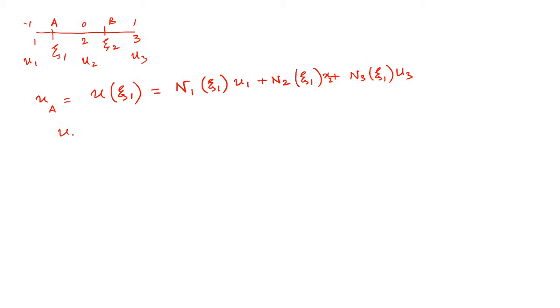Then in a similar way you can write the expression. Now in that post processing part we had 9 different xi points. Here, sorry, this is u2, this is not x2, this is u2.